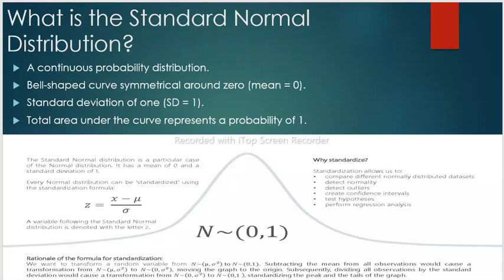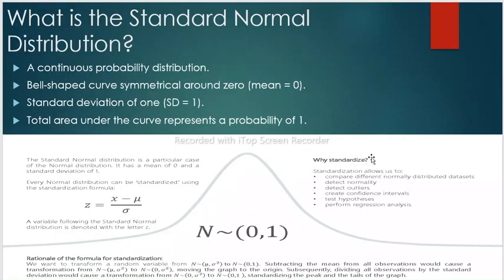The standard deviation, which reflects the spread of data around the mean, is equal to 1 in the standard normal distribution. This specific value allows for easier calculation and comparison when working with z-scores. We will explore further in upcoming slides. The total area under the curve of the standard normal distribution integrates to 1, signifying the certainty that a data point, when expressed as a z-score, will fall somewhere within this distribution.